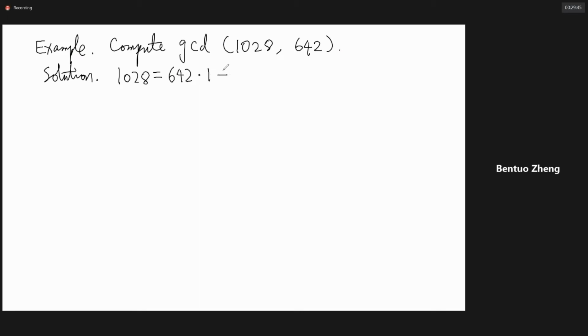So what is the remainder? This is 386. So this implies the greatest common divisor of 1028 and 642 is equal to the greatest common divisor of 642 and 386.